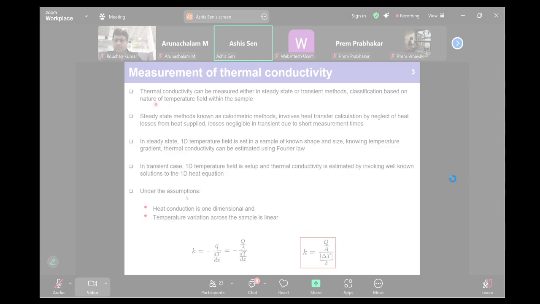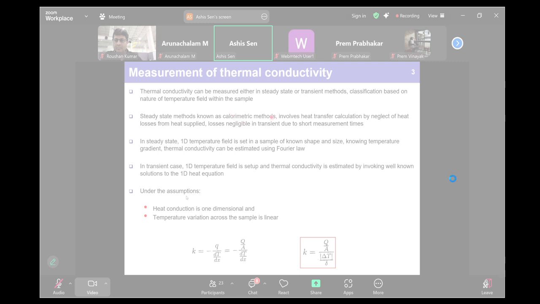So as it says, thermal conductivity can be measured either in steady state or using the transient method. And these classifications are basically based on the temperature field that is created within the sample, whether it is a steady state temperature field or a transient field. The steady state methods are known as calorimetric methods.